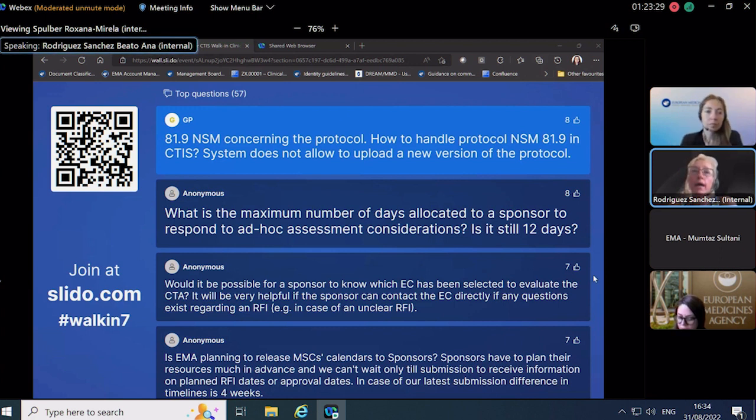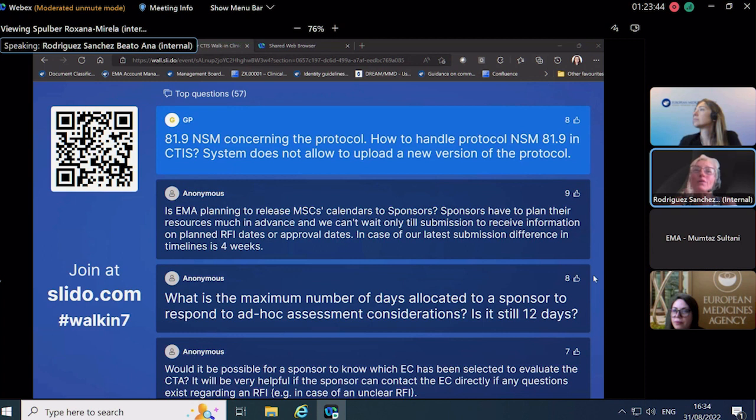I can clarify that when the system was built, there was a lot of discussion at the level of the commission, the clinical trial expert group, about what are the Article 81.9 non-substantial modifications versus other non-substantial modifications.